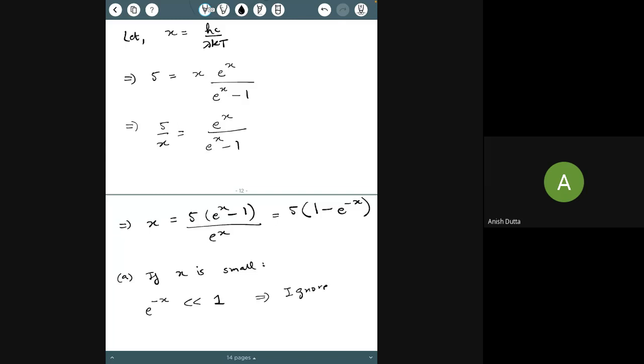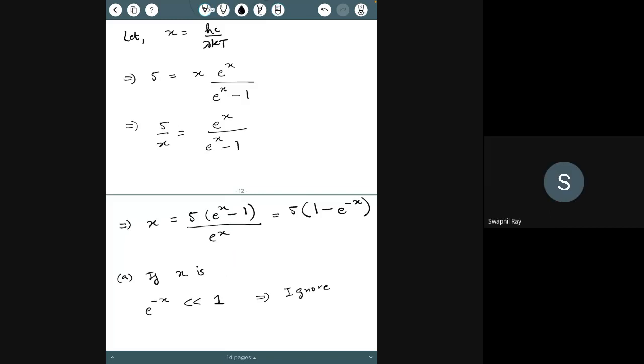So what does x small mean? X has to be large, right? For e to the power minus x to become closer to 0, x has to be large.